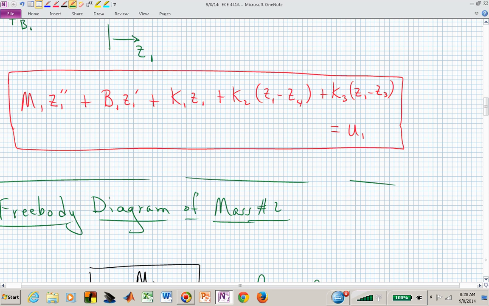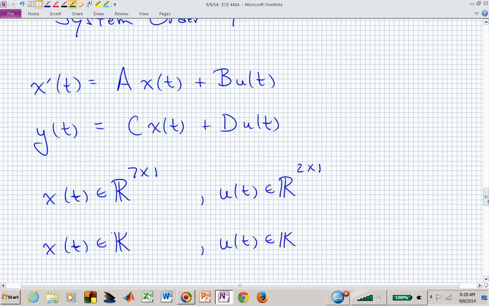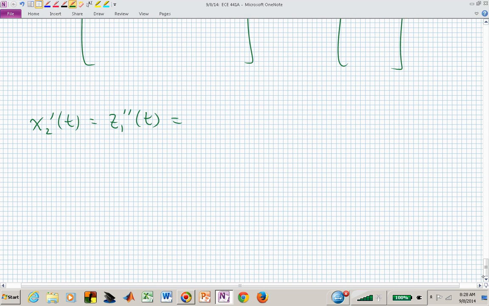Let me see if I can write that down. Actually, I'll cheat because I have notes. But z1 double prime is now minus k1 over m1 z1 of t, minus b1 over m1 z1 prime of t, minus k2 over m1 z1 of t.